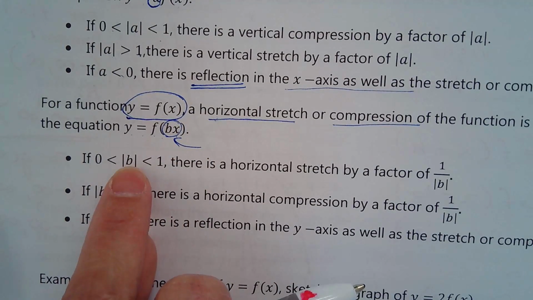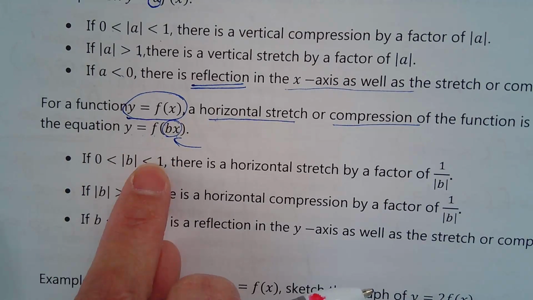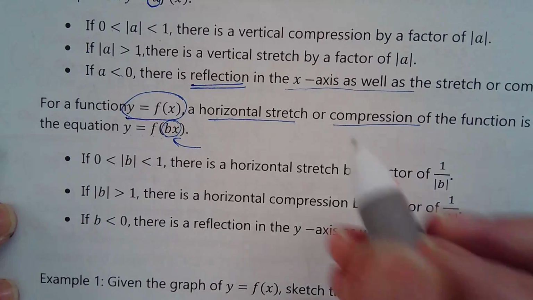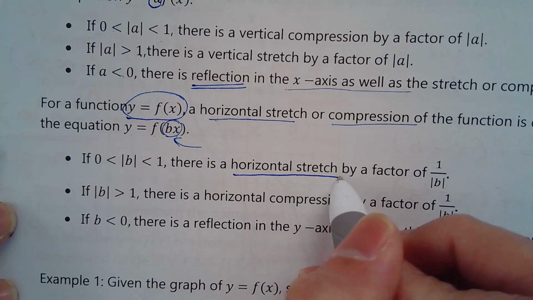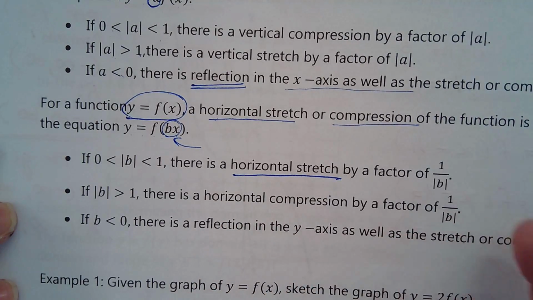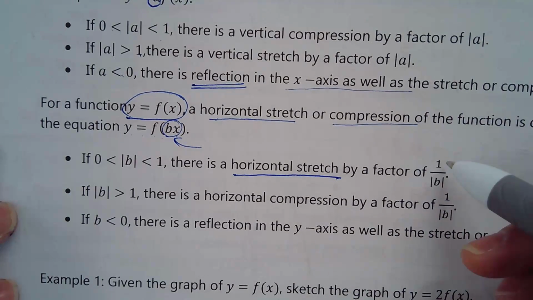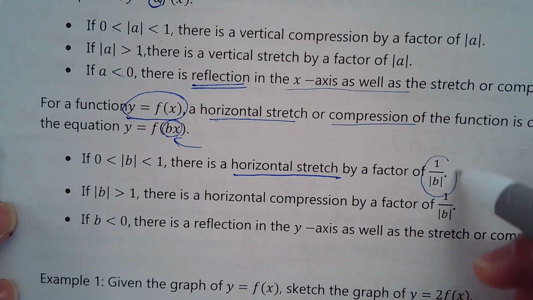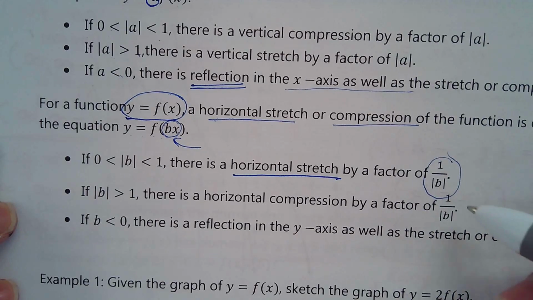If the absolute value of b is between 0 and 1 again, think of a number that's between 0 and 1: 0.5. If it's between 0 and 1, there is a horizontal stretch by a factor of 1 over the absolute value of b.